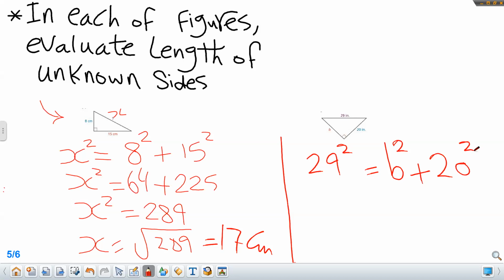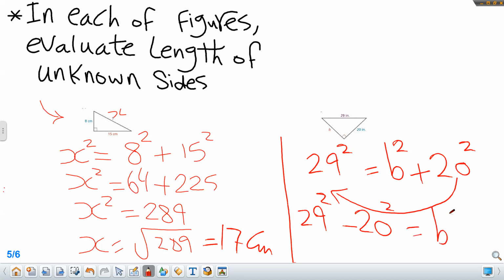First, you can move 20² to the other side, to be 29² minus 20² equals b². Evaluate it, directly it will be 441 equals b².